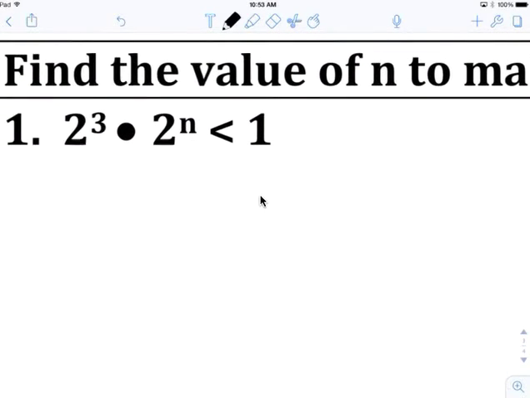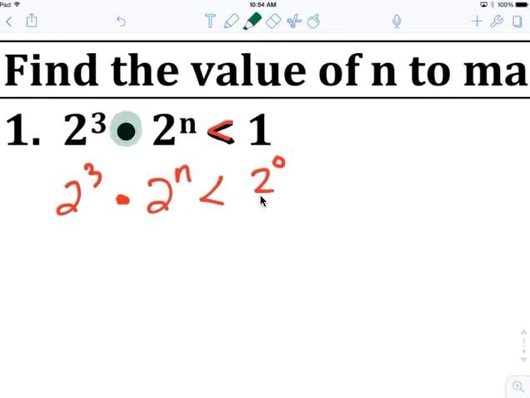Now, we want something less than 1. Now 1 is 2 to the 0 power. That's what you have to understand. So let's rewrite this. 2 to the 3rd times 2 to the n less than 2 to the 0 power. So we know we're multiplying, we're going to add these together.